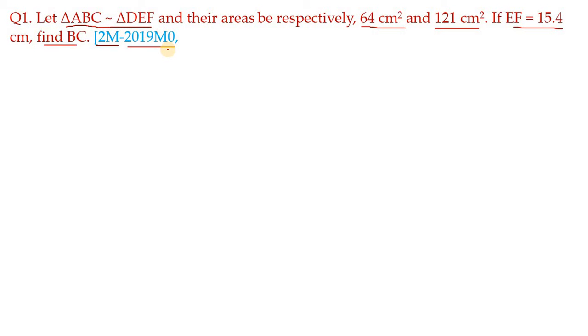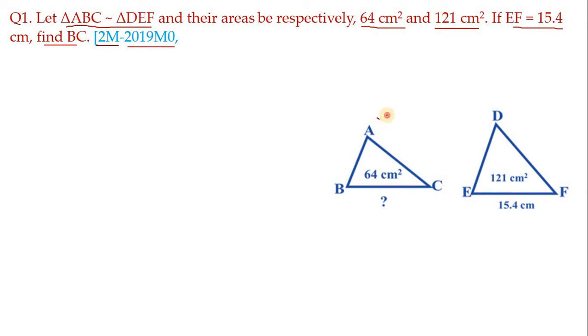To understand this problem in a clear way, let me draw a suitable figure here, children. I have taken triangle ABC and triangle DEF. As they said, ABC area is 64 cm square, hence I have mentioned 64 cm square, and DEF area is 121 cm square, hence I have mentioned 121 cm square.